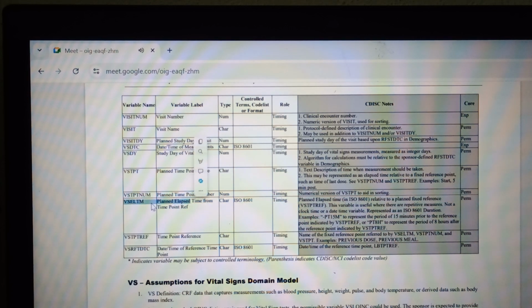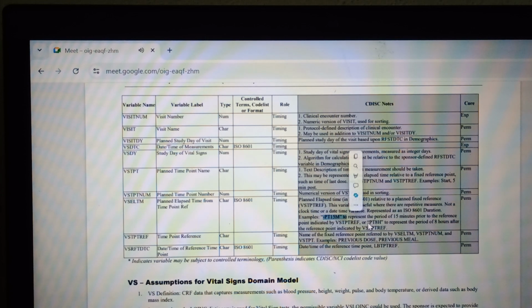Then this is the elapsed time, VSELTM, the planned elapsed time for your time point reference. As I said, for example, minus PT15M means minus, prior to the drug, so the vitals were captured 15 minutes before taking the drug, and this assessment happened then.